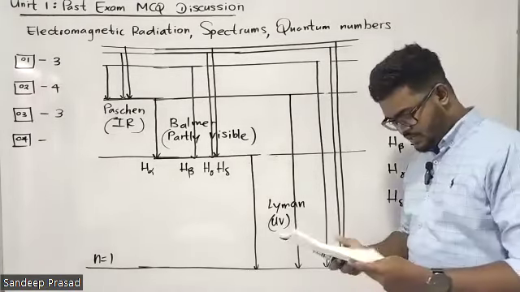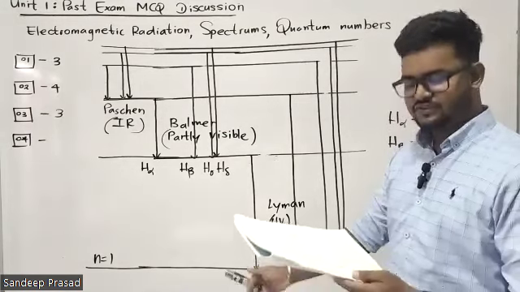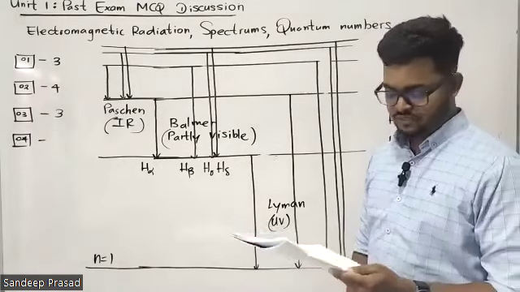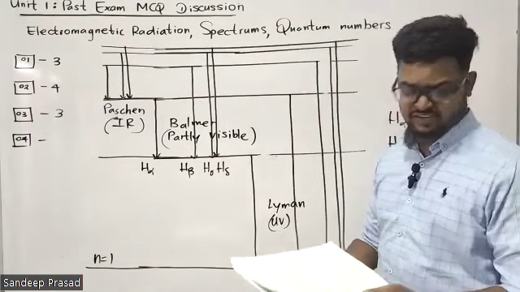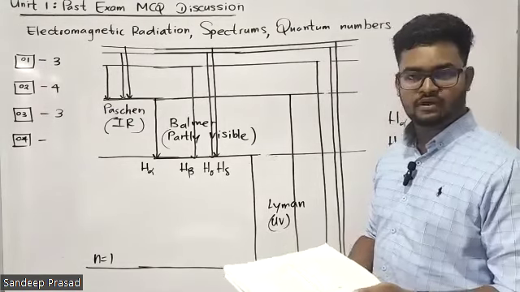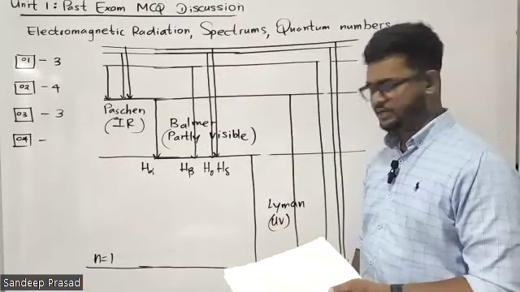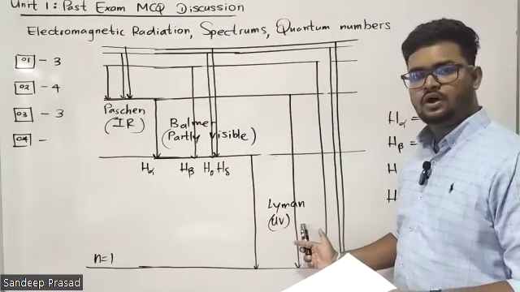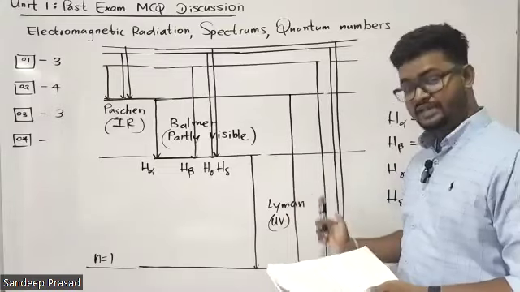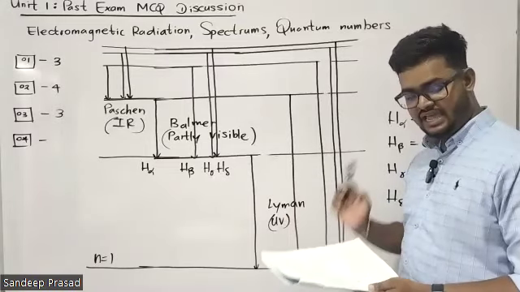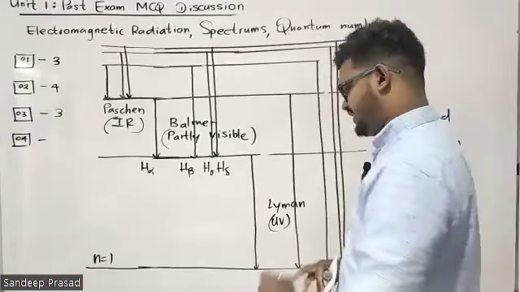Okay. Then you can see that, students, the first statement is incorrect. The series of the lines in the infrared region of the spectrum is called Lyman. Wrong. Paschen, Brackett, Pfund, they belong to the IR region, right? Lyman directly belongs to the ultraviolet region because Lyman has the greatest energy and the greatest frequency in the hydrogen emission spectrum.